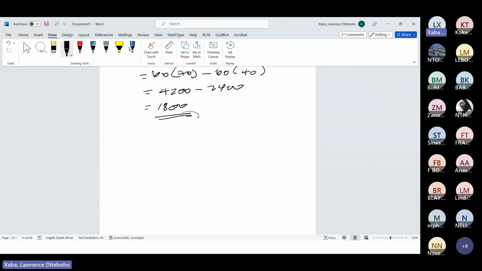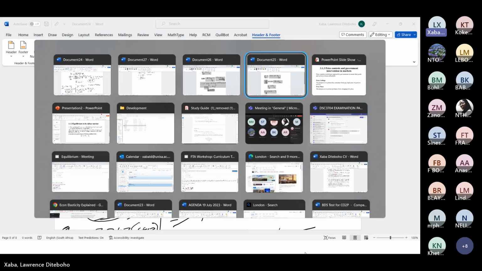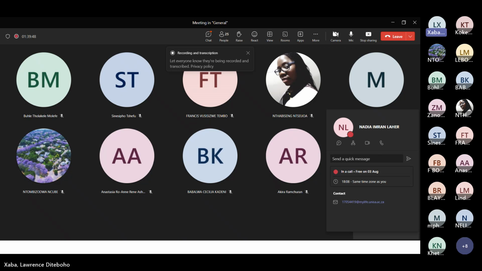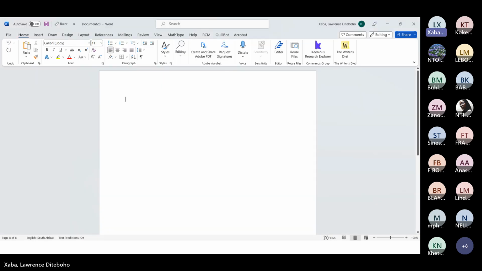Okay. If you look at the price ceiling, it's still the same as what we have done. Now we are moving from ceiling to floor. So what do we do when we move into floor? Remember, the interest now is about the producer.